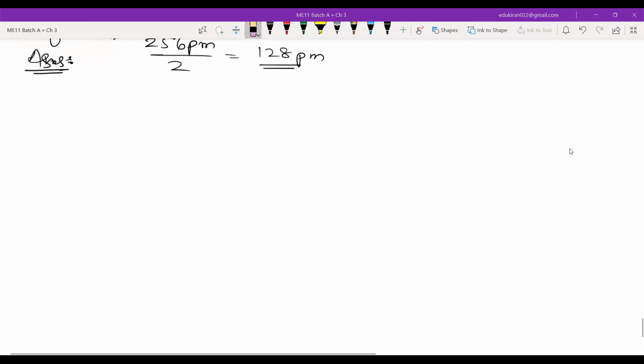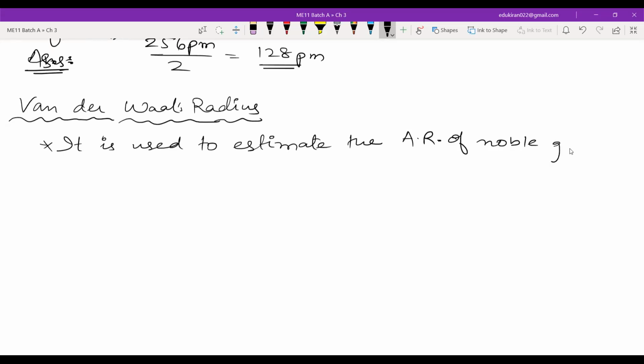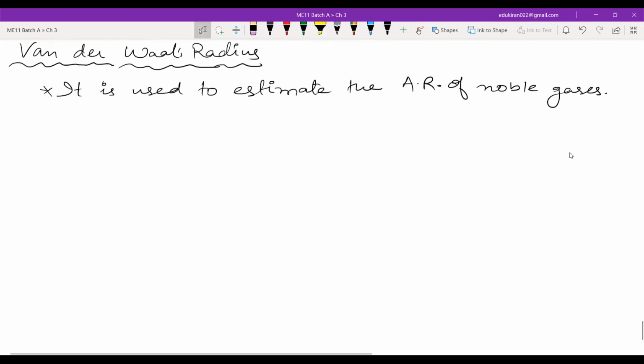Now write the van der Waals radius. It is used to estimate the atomic radius of noble gases. Now, how do we estimate it?